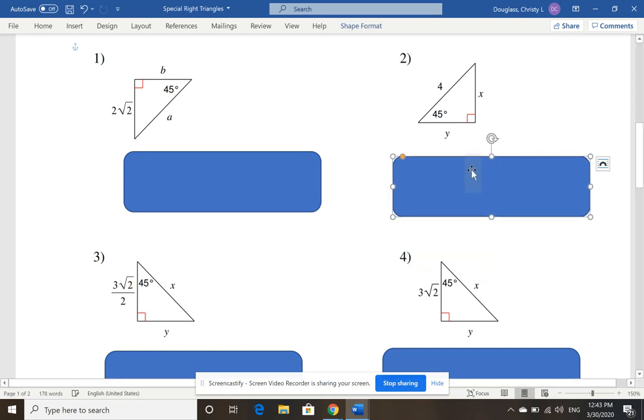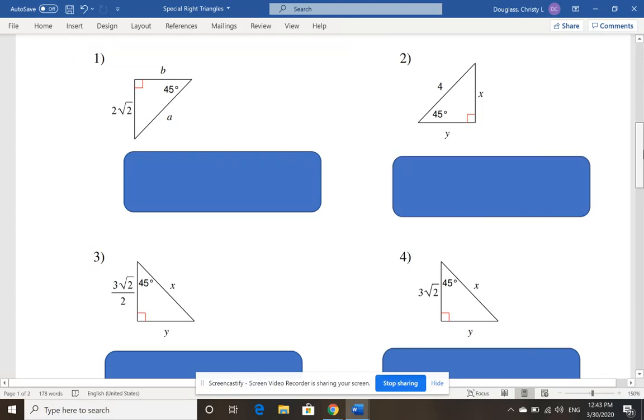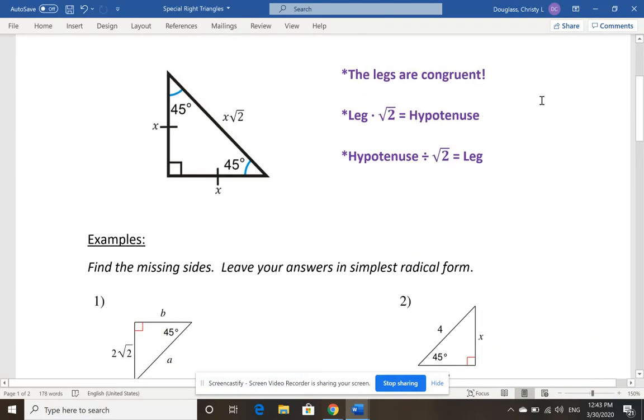So once again, it is a simple concept, even though it can be complicated by the radicals. The three things that we need to remember about a 45, 45, 90 is that the legs, the two sides that are not the hypotenuse, are congruent or the same measure. If you need to know the hypotenuse, simply take the leg and multiply it by the square root of 2.